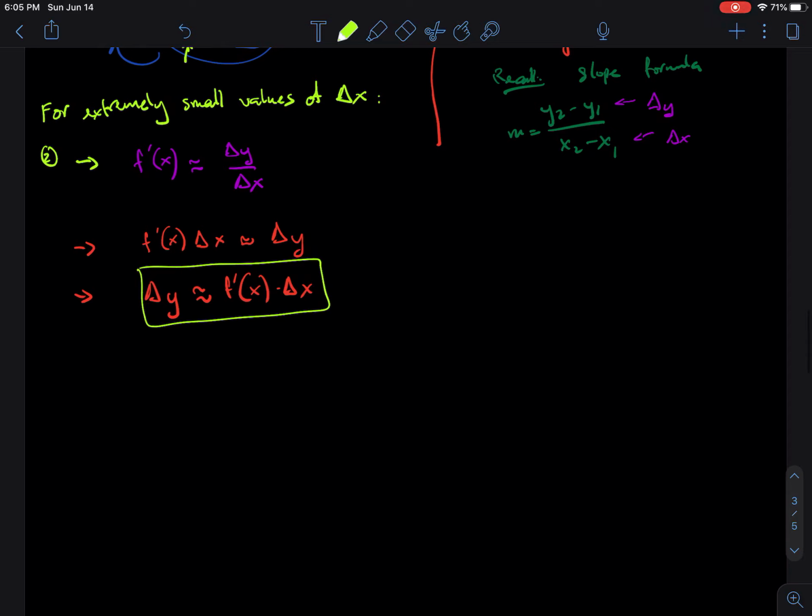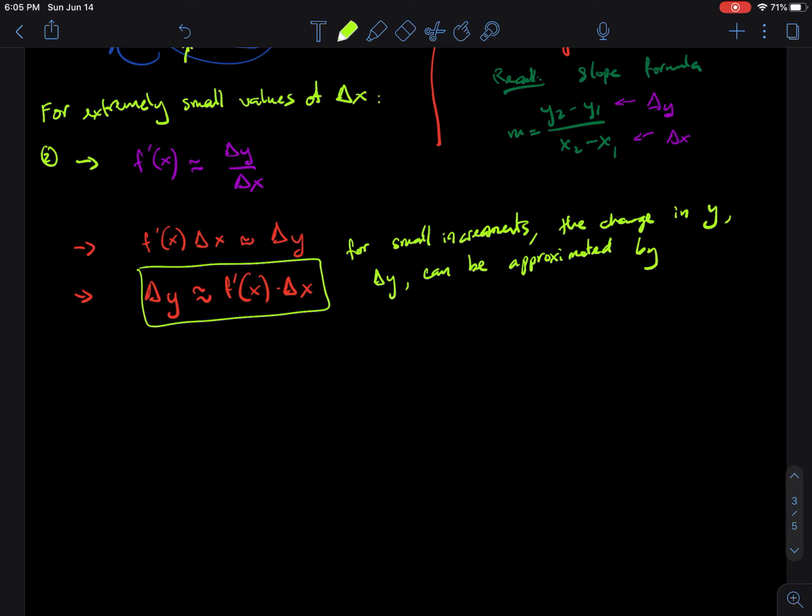This is saying that for small increments, meaning small delta x increments, the change in y, which in this case is delta y, can be approximated by the derivative at x times delta x.